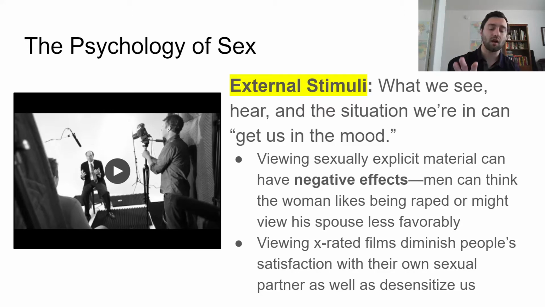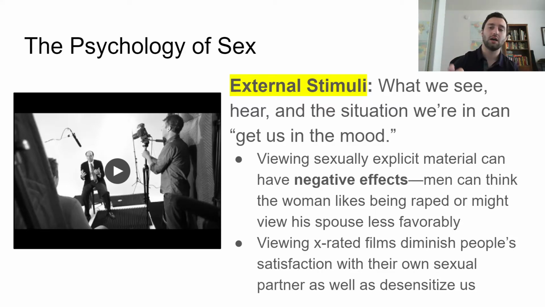So some of them that you can see, so for example, when we have a lot of viewing, and again, this isn't like, I saw a magazine one time, now I have these horrible things that are coming up, right? It's more prolonged exposure to sexually explicit material that can cause negative effects, right?